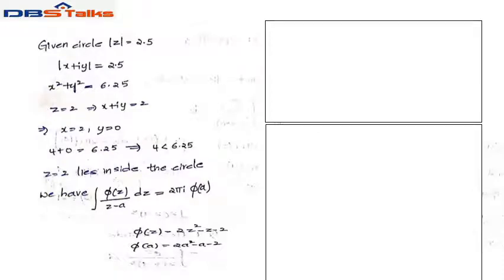So we have f of a, that means f of 2, equal to the integral of phi of z by (z minus a) dz. Using Cauchy's integral formula, that is 2 pi i times phi of a. Here phi of z is 2z square minus z minus 2, then phi of a is 2a square minus a minus 2.